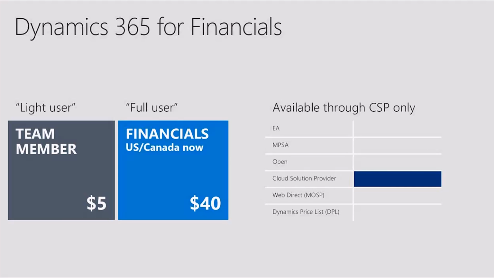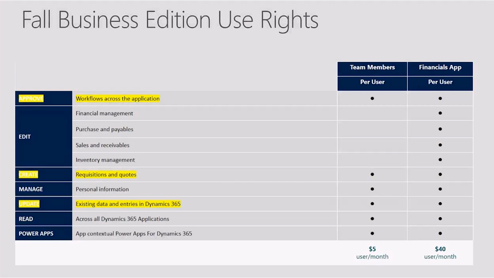And these users can only be bought at the moment via the Cloud Solution Provider program, meaning that customers are at this point not able to buy Dynamics 365 directly from a website as they can do with Office 365. At the moment, there are no plans for Microsoft to open that option, but of course we never know if they will.